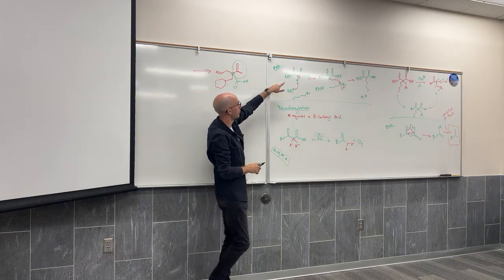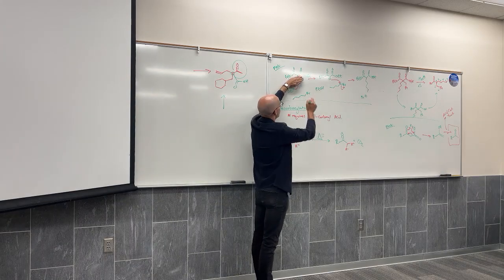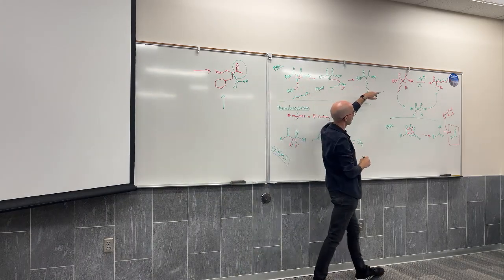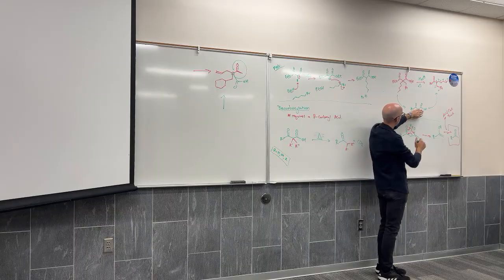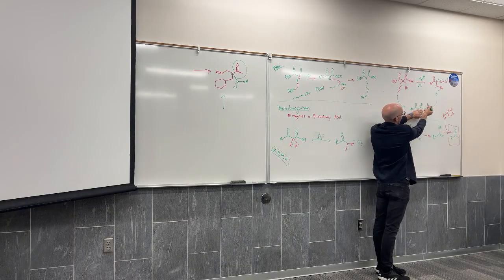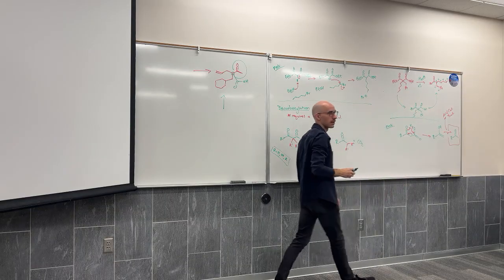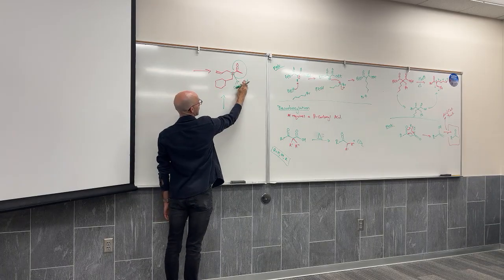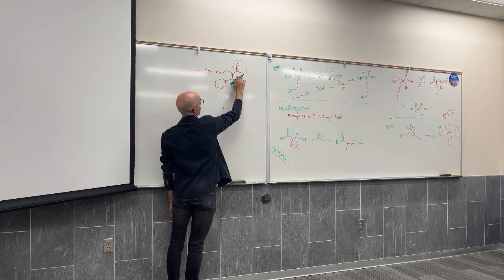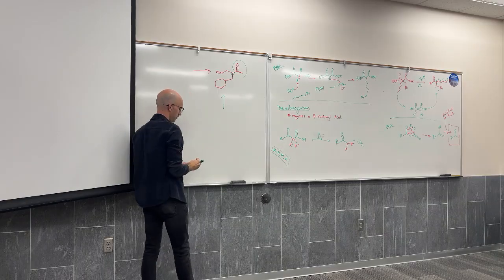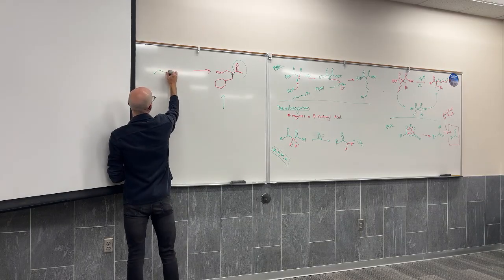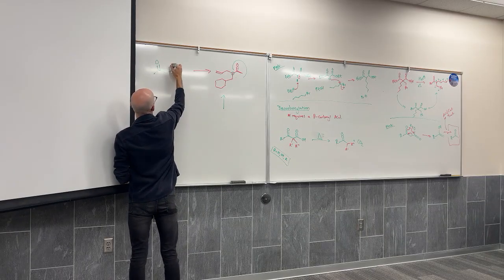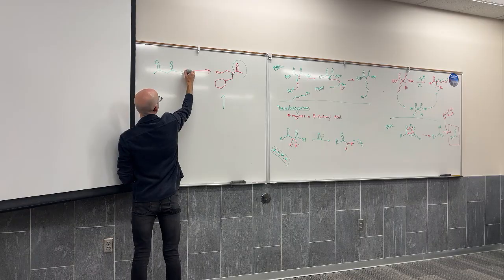But if you're working with malonic ester, like we showed here, you'd have a diacid. So this is the group that's getting decarboxylated, and I'm left with a ketone. That tells me that I want to start with a compound that has a ketone.